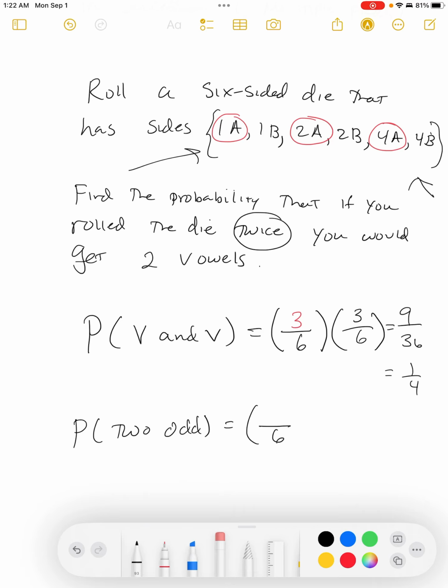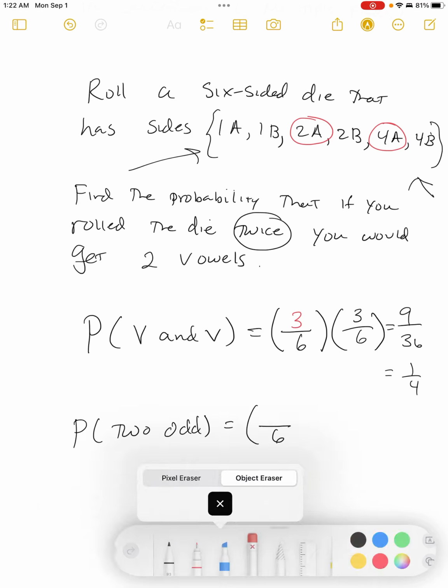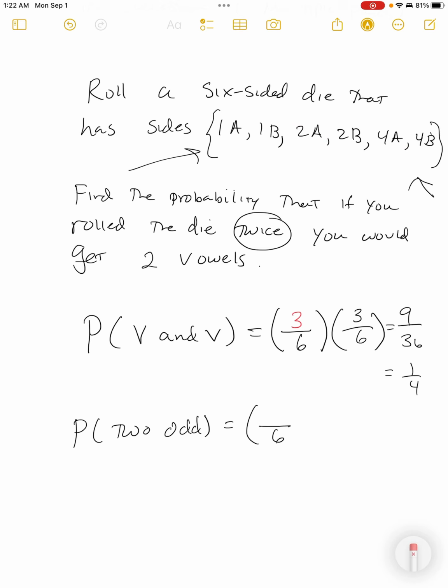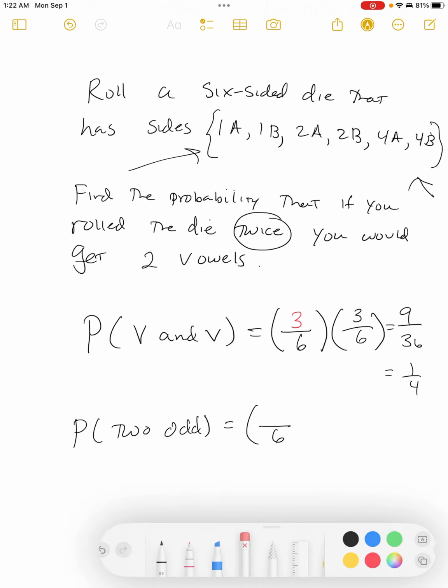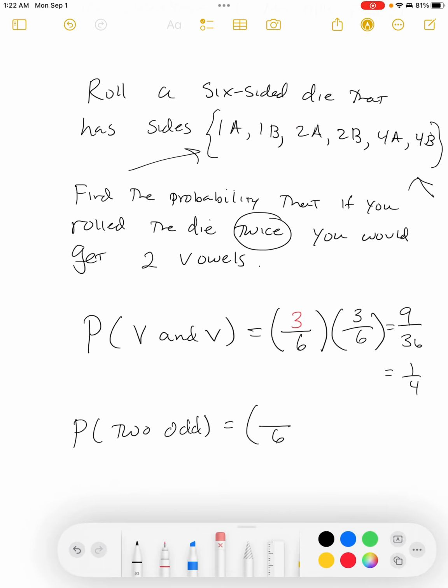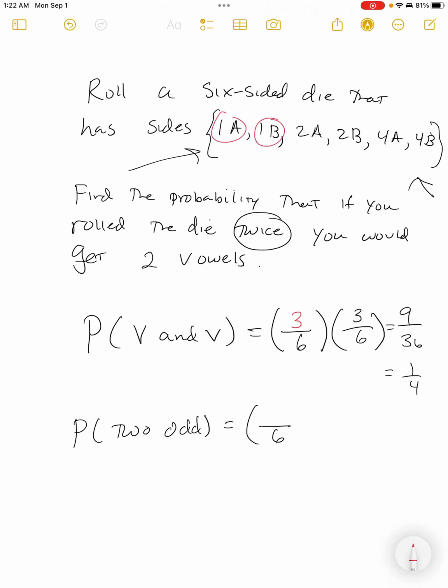Now I have a different focus here. A success for me is no longer getting a vowel, it is now getting an odd number. And so as I go to circle, 1's odd and 1's odd, but everything else is even. So 2 of them are odd out of the 6. And that's going to be the exact same fraction here. 2 times 2 is 4. 6 times 6 is 36. And so we get a 1/9 coming out of there.